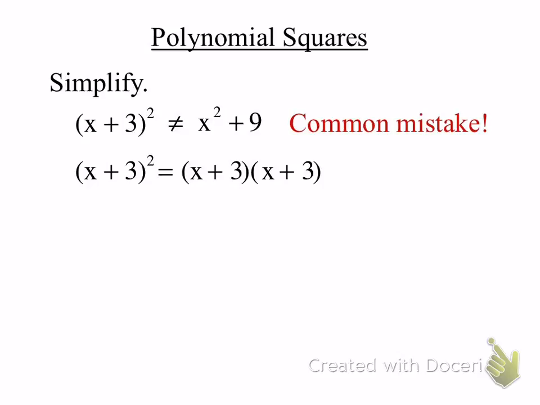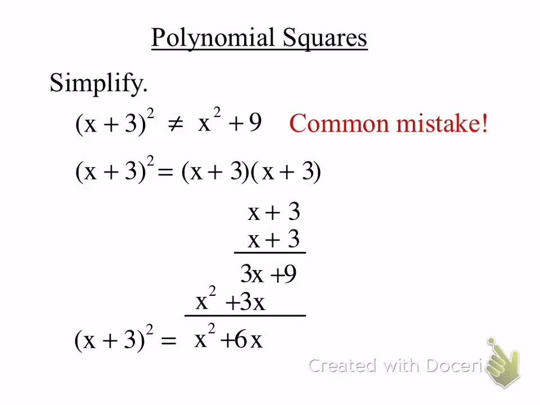Now, when I multiply that out, I get x squared plus 3x plus 3x plus 9. They do it horizontally. Vertically, I don't really like it that way.